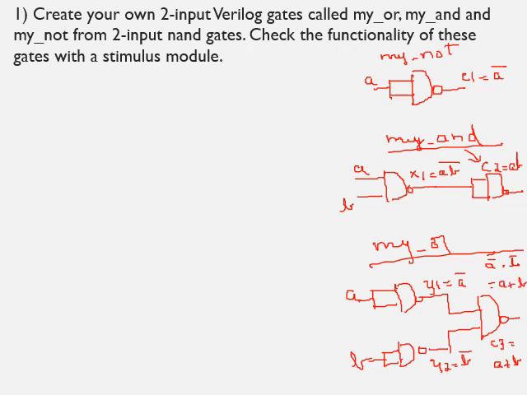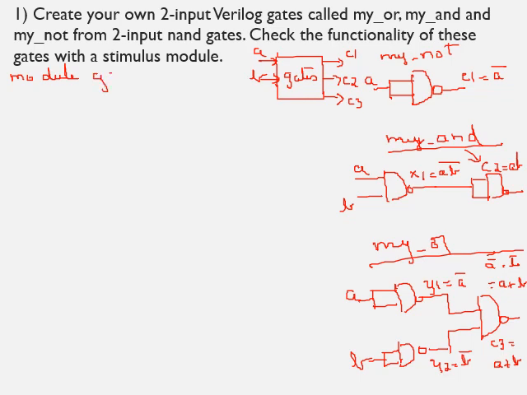Now moving on to writing the program module. Say first I will draw the block diagram for this. A block diagram is nothing but a black box. So to this I will give the module name as gates, and input is A and B. Output is C1 for the output of NOT gate, C2 for AND gate and C3 for my OR gate. Okay.